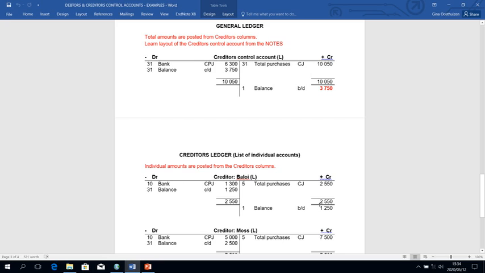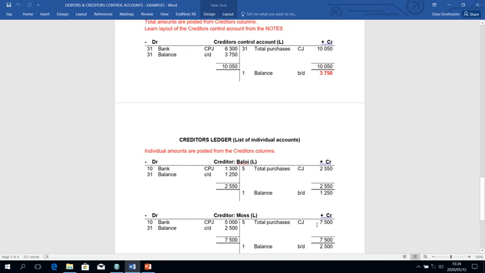Again, we interpret: we owe them more with the individual amount, and we owe them less as we have paid Baloy. And the same with Moses' individual amount from the creditors column. We owe them more, as we've purchased on credit, and here 5,000 we've paid them. That is credited to Moses, and so I owe him less.